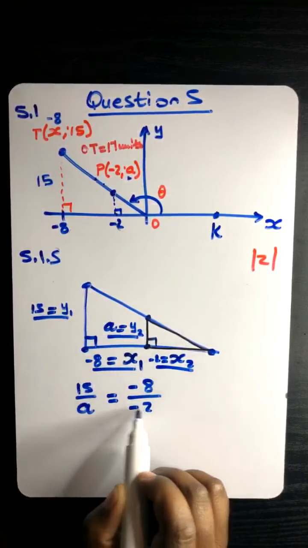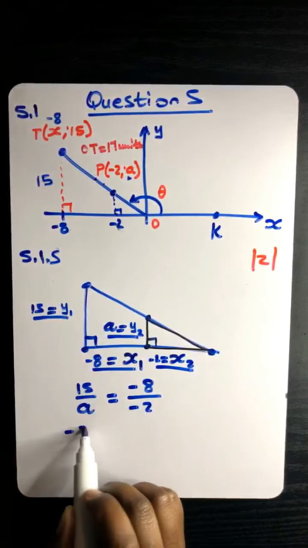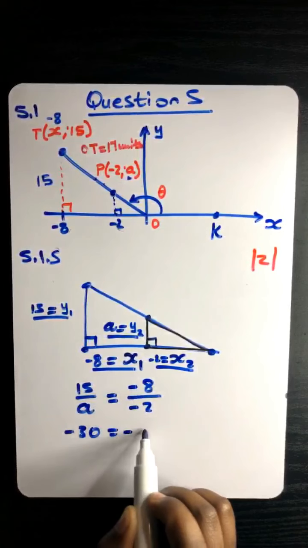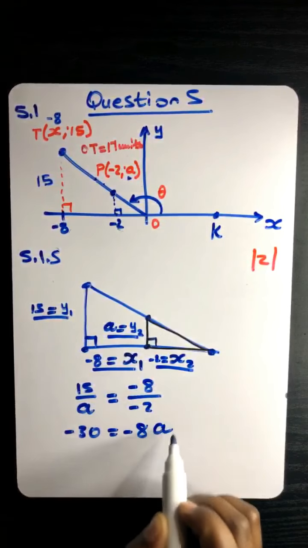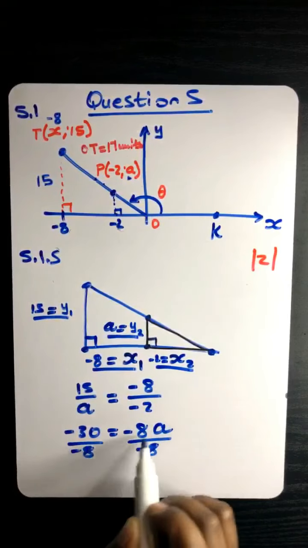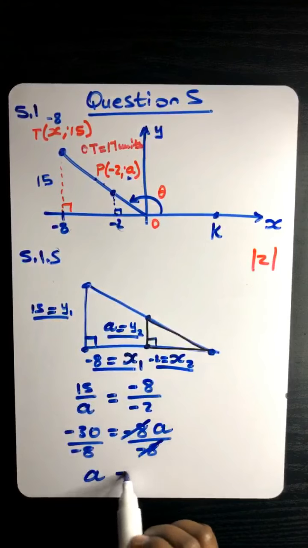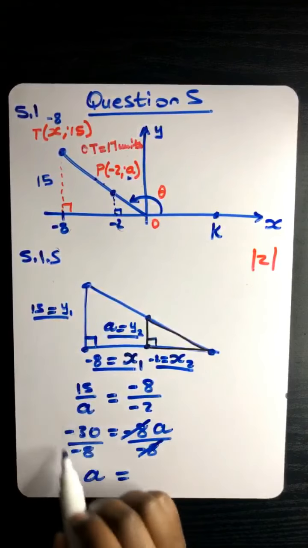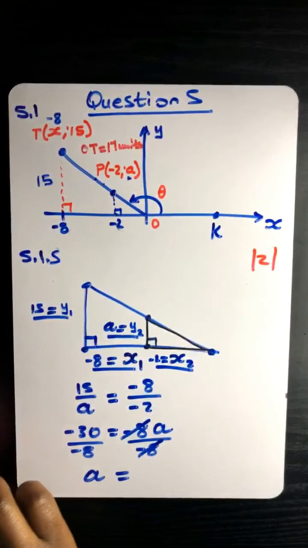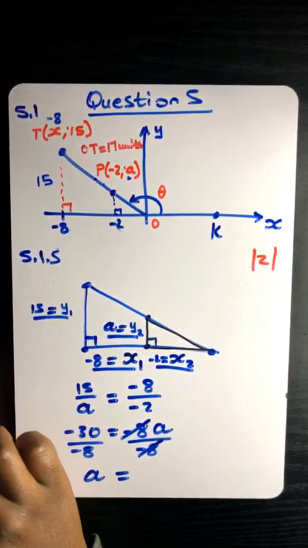Let's see. I just cross multiply. Then I've got 15 times 2 is -30, considering that negative, and this times that is -8a. Then I divide by -8 on both sides, that cancels, and I have a equals, what is that ratio there? 15 over 4.